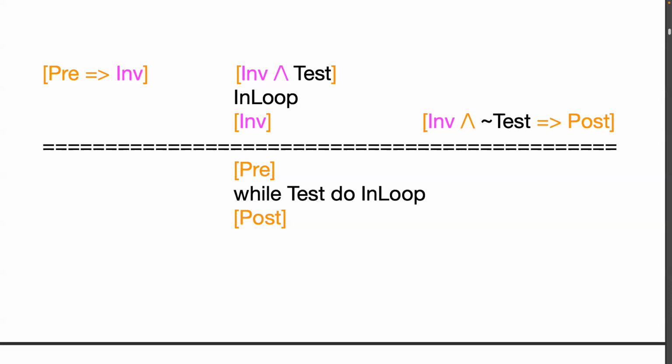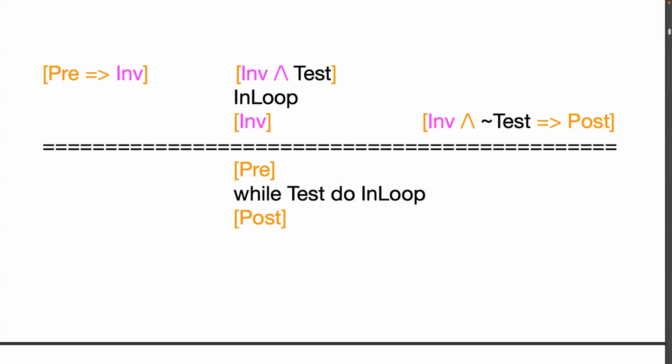So if I'm just reading the rule, the rule says that I'm justified in saying that the meaning of my while loop satisfies the specified assumption: the assumed precondition will guarantee that the required postcondition will be guaranteed if everything that's written above the double line is satisfied, namely that the precondition implies the invariant, that as long as the conjunction of invariant and test is satisfied, I need to keep going through the loop.